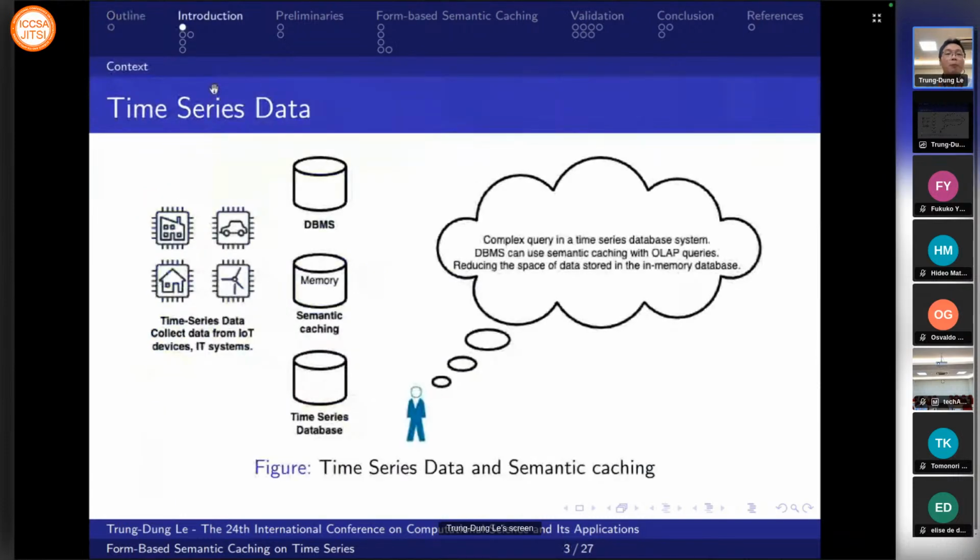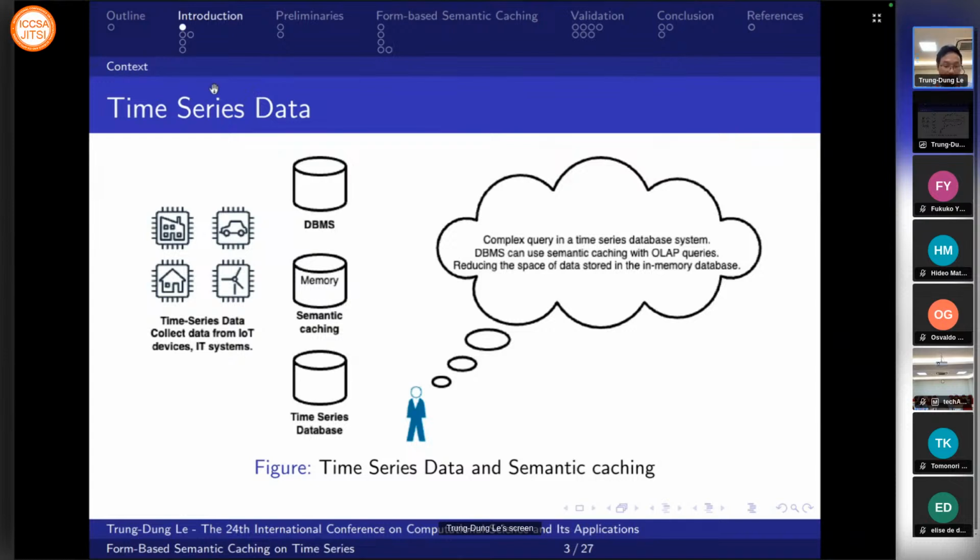First, in the context of time series data, data is collected from many sensors, IoT devices, and IT systems. We have solutions for time series data. Another solution is a database management system, and another solution for database management systems is semantic caching.